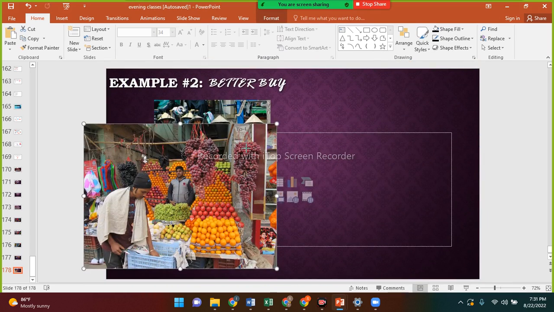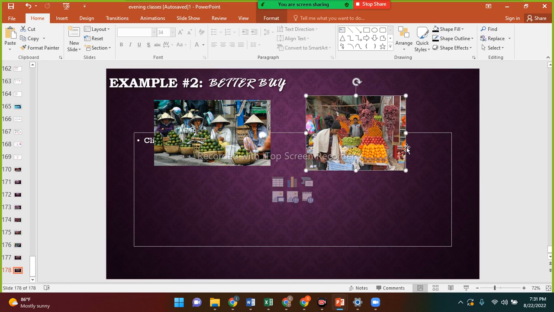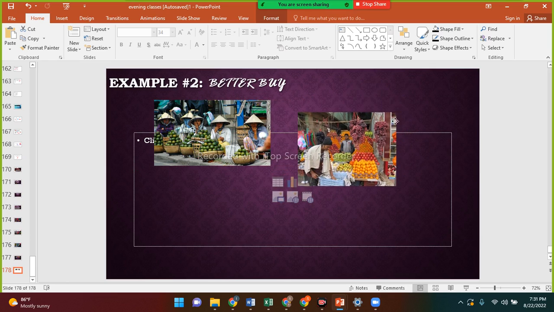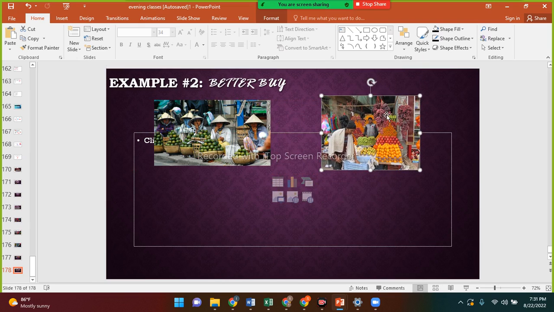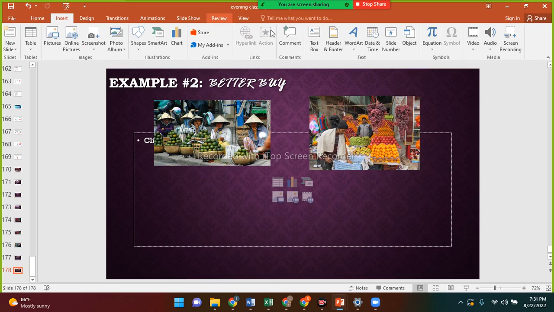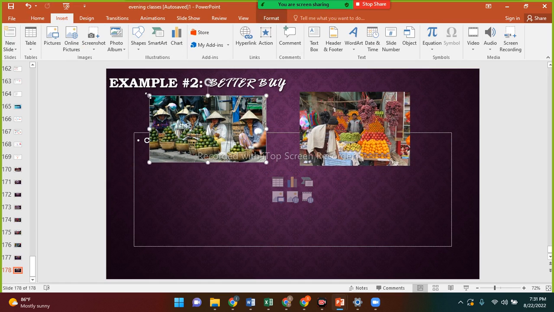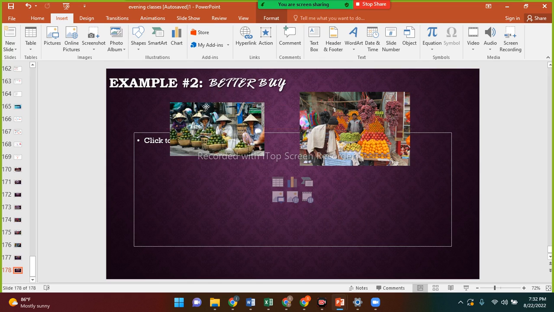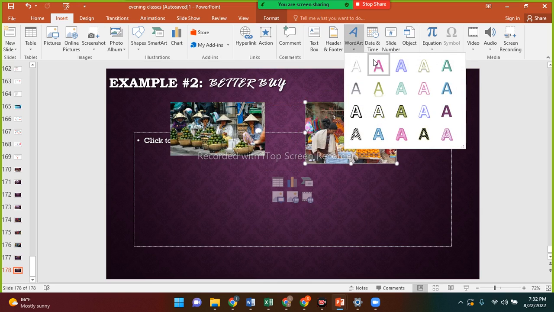So, vendor A and vendor B. Okay, come over here, vendor B. Good. We're trying to figure out which one is the better buy between these two vendors. Let me make it a little bit smaller so we have space to write. Which one has the better price?